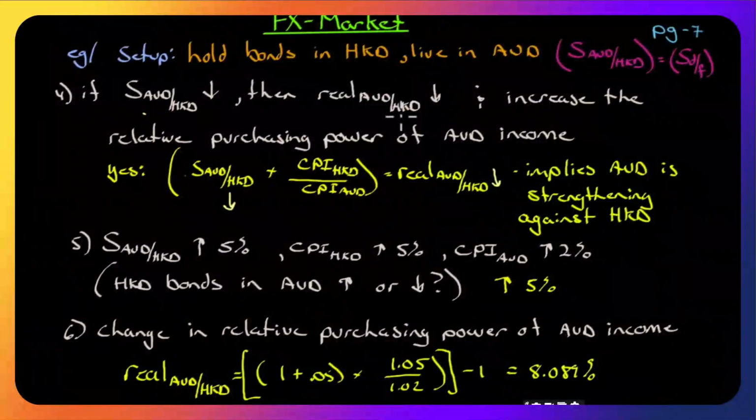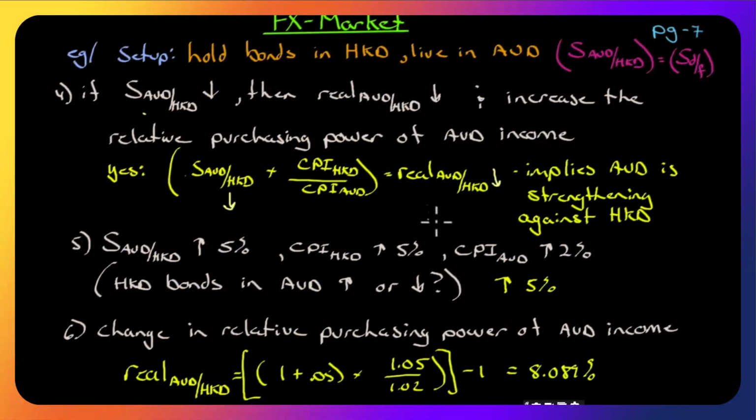Okay, well, let's think about what's going on here. The real exchange rate has dropped, which means 1 Hong Kong dollar buys fewer Australian dollars, or to say it another way, 1 Australian dollar can buy more Hong Kong dollars. We need fewer Australian dollars to buy 1 Hong Kong, which means for the same amount of Australian, we're getting even more Hong Kong.